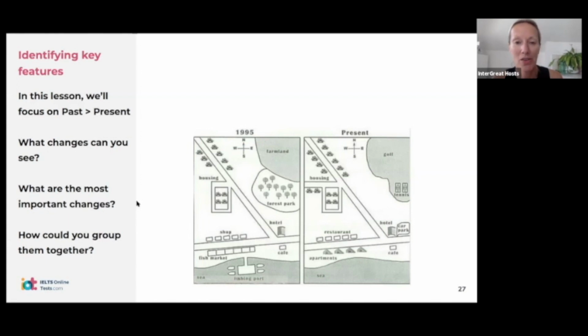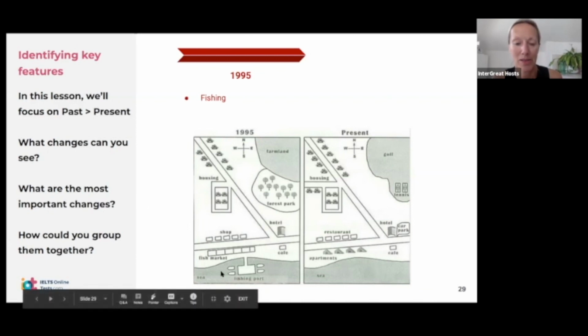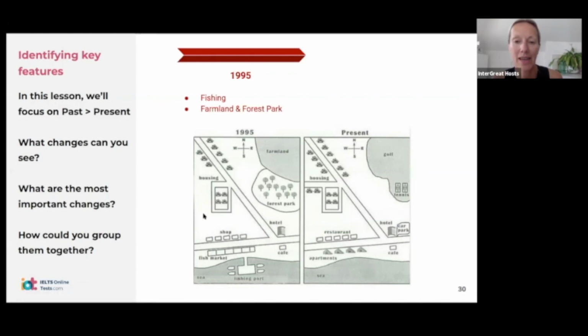Right, so I'm going to show you how we did it. Okay, so firstly, looking at 1995. So there was the fishing port here. There was farmland and forest park. Okay, so they're two key features that aren't here in this one. And then present, apartments and housing, as most people said.